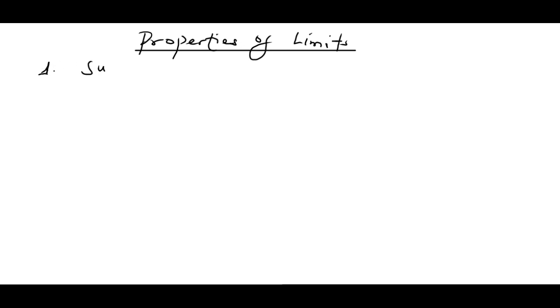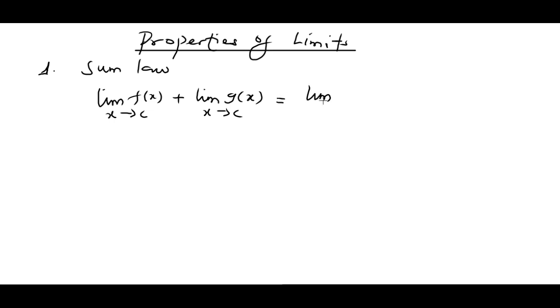the sum law, where lim f of x as x tends to c plus lim g of x as x tends to c will give us the limit of the sum of the two of them as x tends to c.